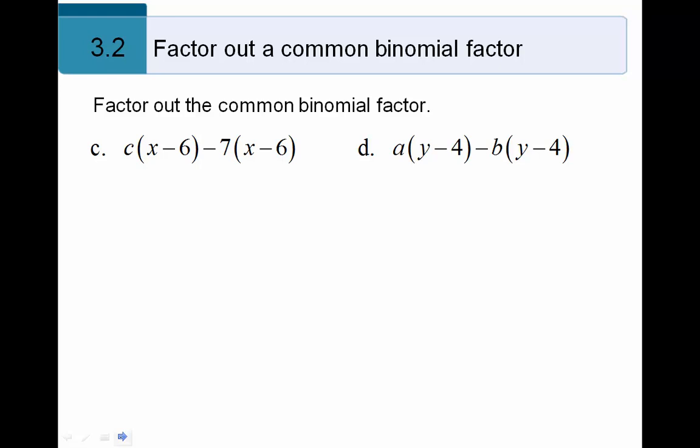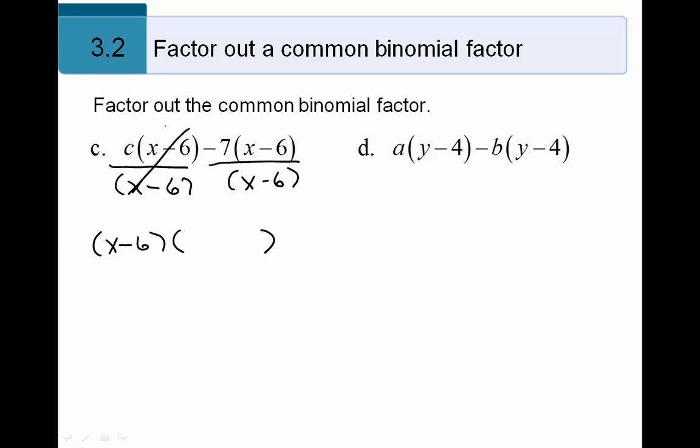Alright, we have a couple more of these. So we have the term c multiplied by x minus 6 minus 7 times x minus 6. We're going to factor out or pull out the common factor x minus 6. I will divide each of the terms by what I am pulling out, undoing multiplication, undoing that distributive property, to find my missing factor.